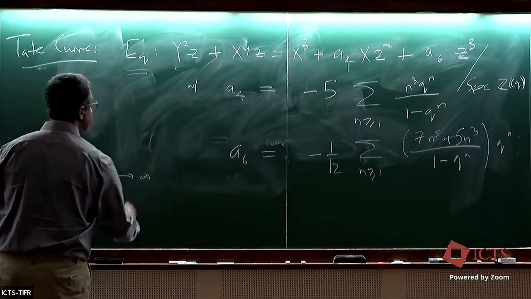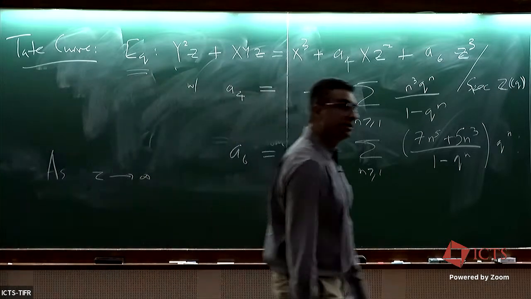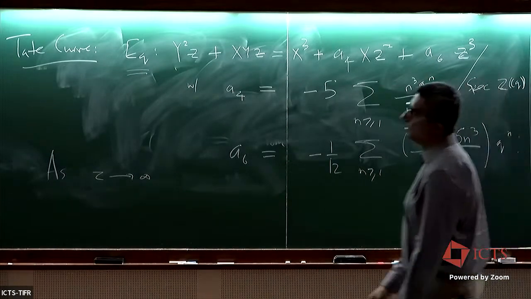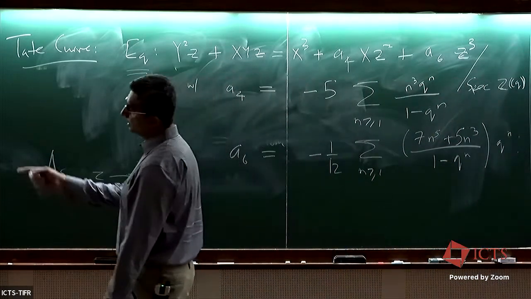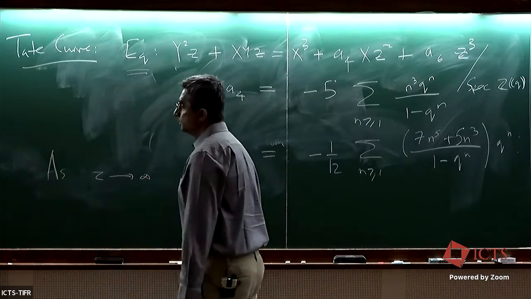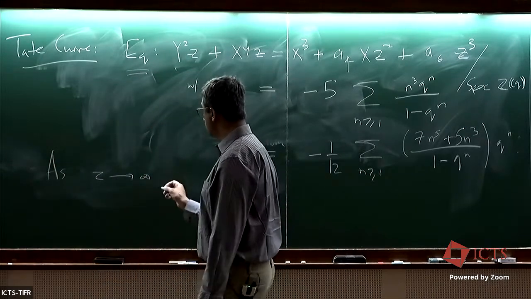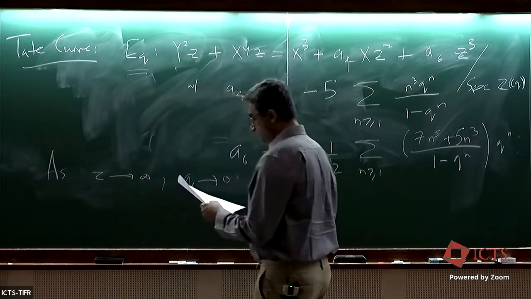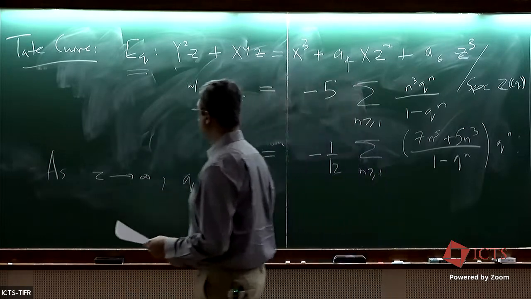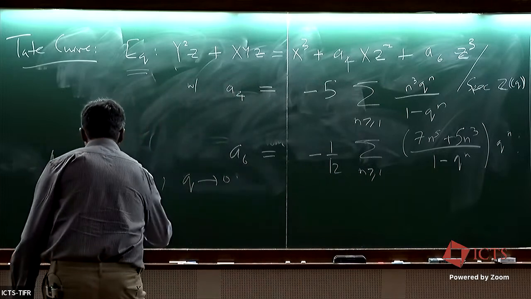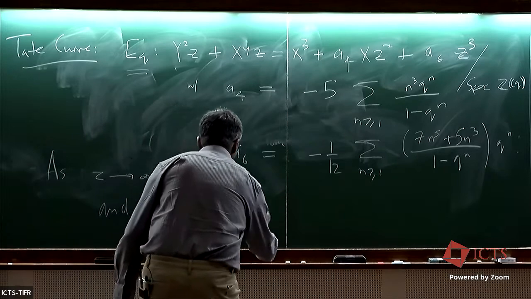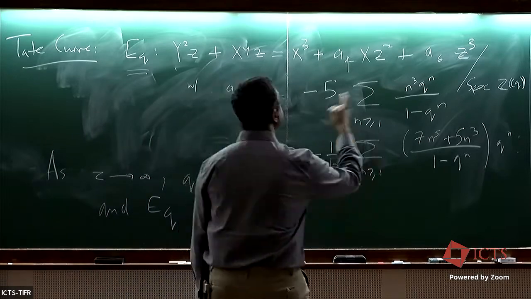they look at what happens as tau tends to infinity. As tau tends to infinity, we know this very well: when you map the complex upper half plane to the disk, for instance, then as tau gets larger and larger, q tends to 0, right? And what happens to E_q? It degenerates to the following, just see what happens.